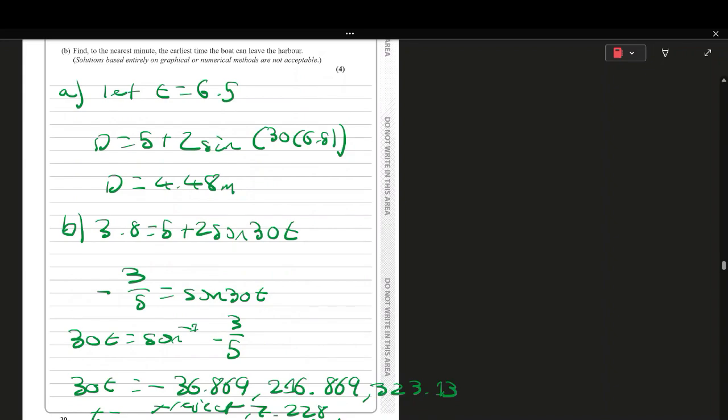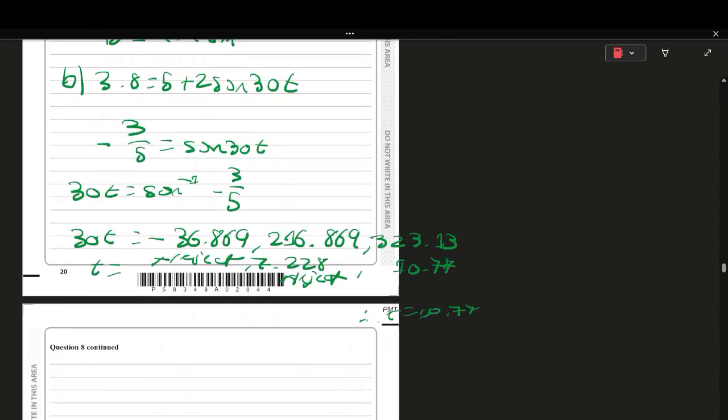Then divide this one by 30, you'd get 10.77, so therefore t is equal to 10.77. However, we need it in a time, so if you times 0.77 by 60, you get 46. So therefore it's at 10:46 a.m. and that's question 8 done.